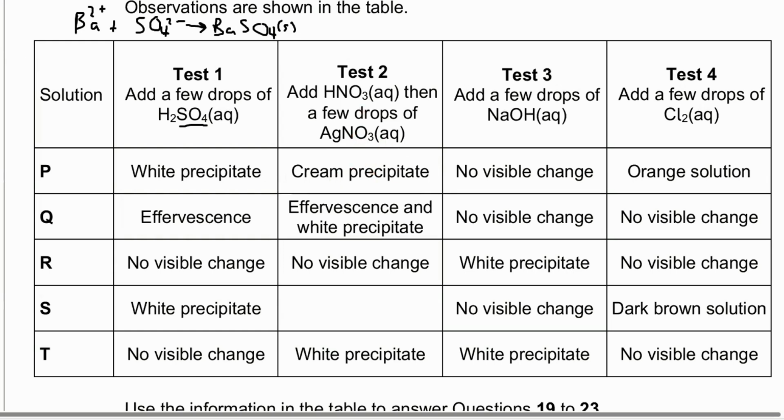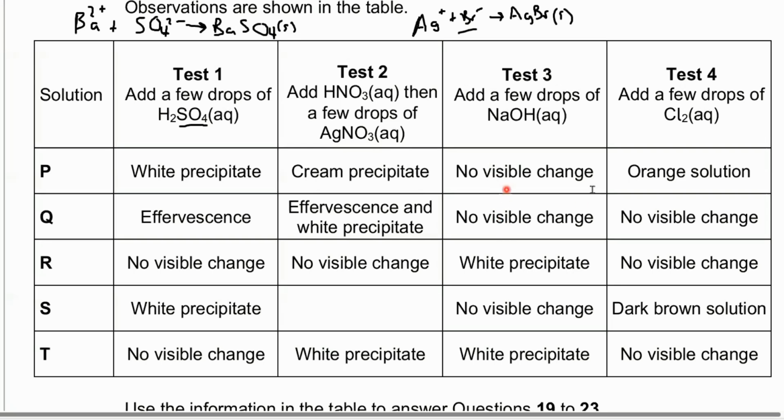Now they've added nitric acid and silver nitrate and got a cream precipitate. Okay, so do you remember your halide ion tests? If you add silver ions to bromide ions, you get silver bromide, which has a cream color. If it was chloride ions, it would be a white precipitate, and if it was iodide ions, we'd get a yellow precipitate.